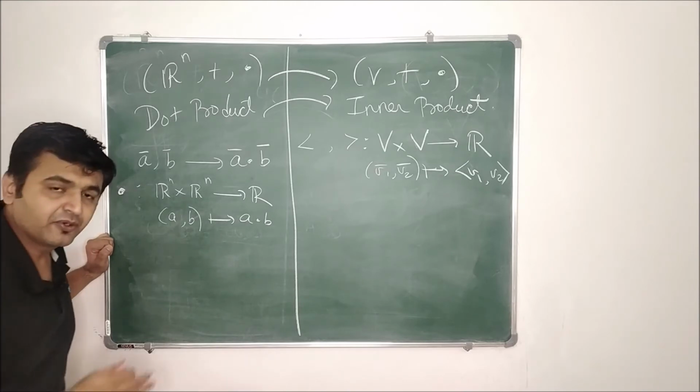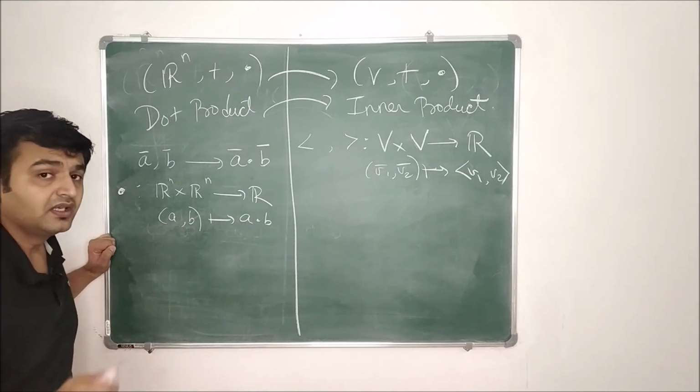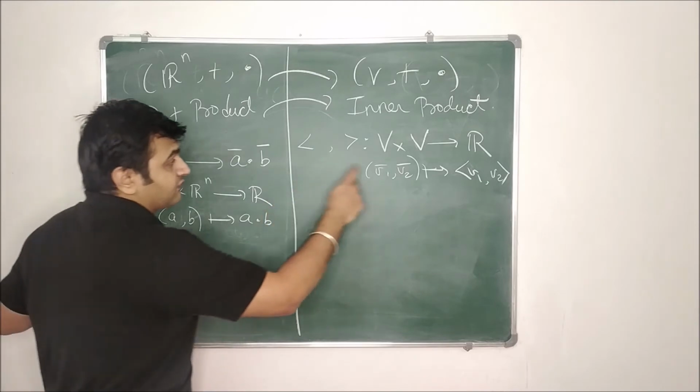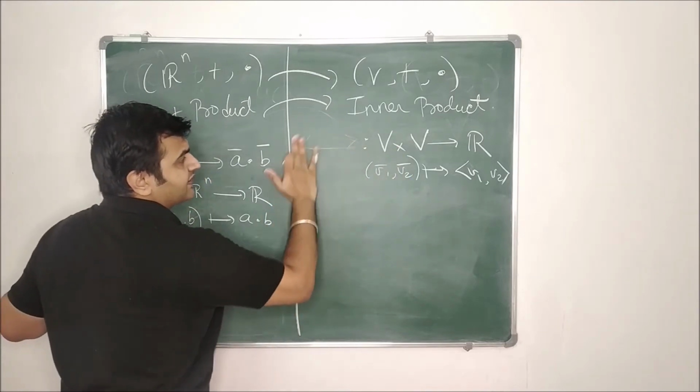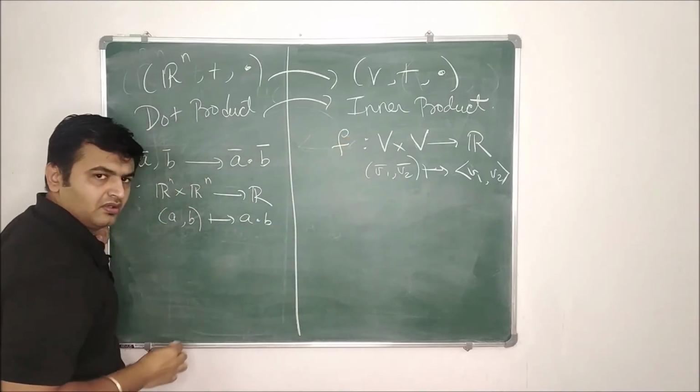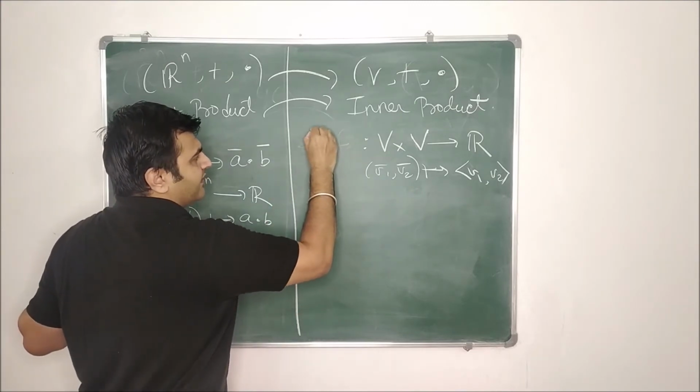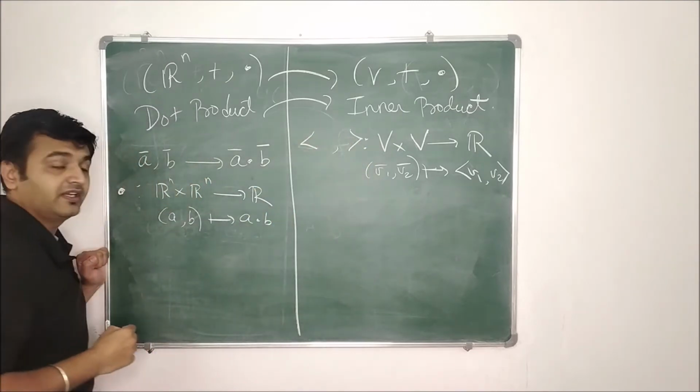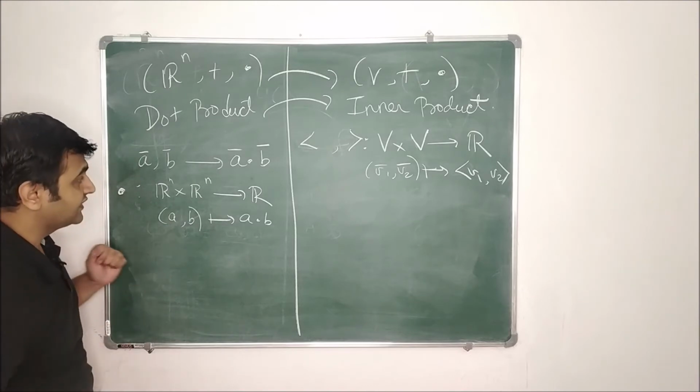If you don't like this, you can also write F over here, but we usually use the angular bracket for the inner product.